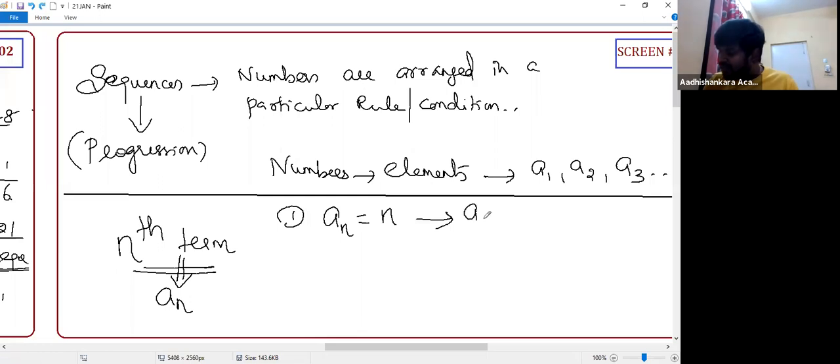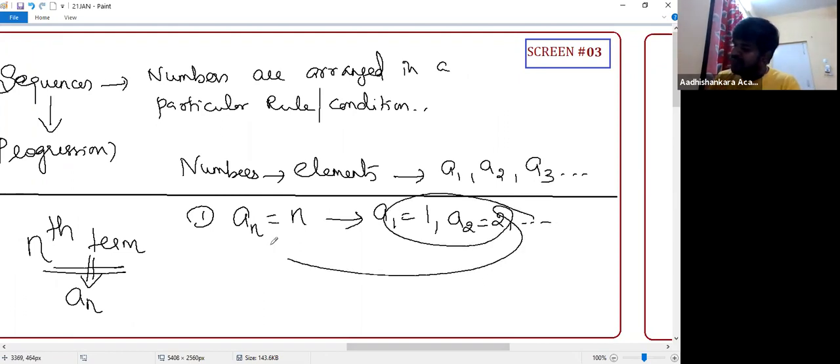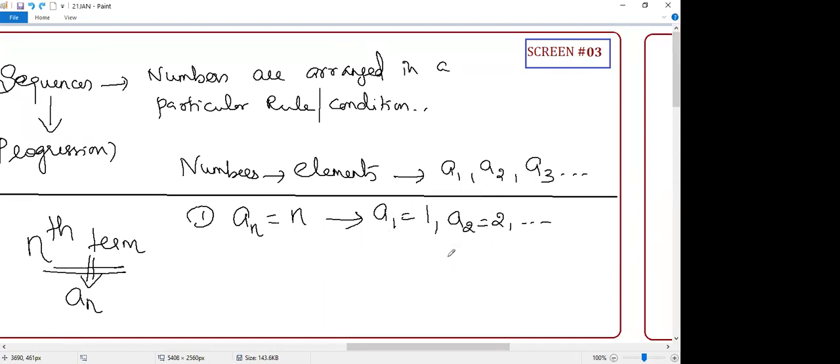So you'll write A1 equal to 1. Clear? Then instead of n, substitute 2: A2 is equal to 2. Are you clear, students? So if I give you the sequence, you can find the nth term. If I give you the nth term, you can find the sequence. Yes or no? Both are possible or not? Yes, sir. Please respond.